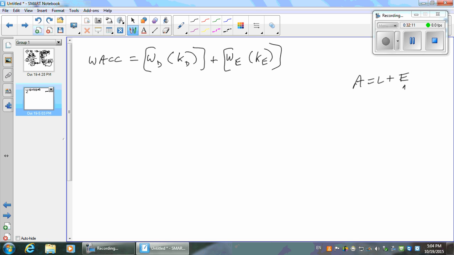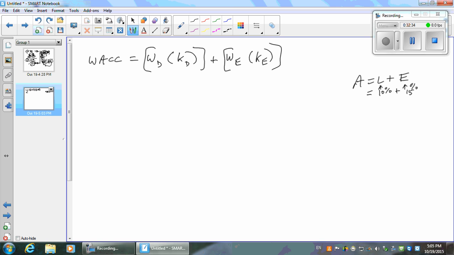The percent you earn on your equity, the percent you earn on your liabilities, right? The weight of the debt. So if I take the percent I'm going to earn, let's say the liabilities I need to earn 10% on, and the equity I need to earn 15% on.